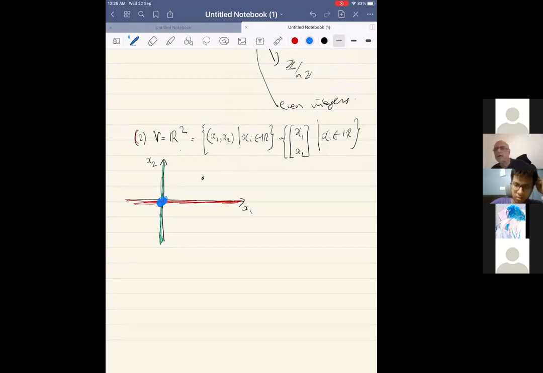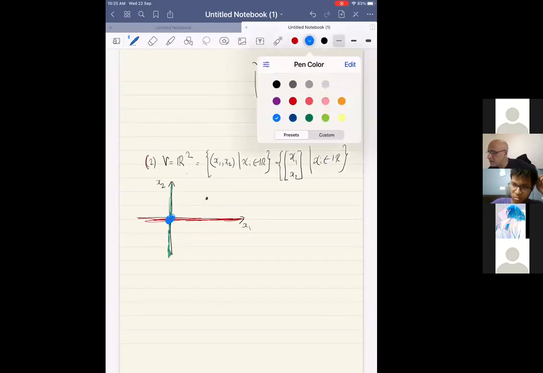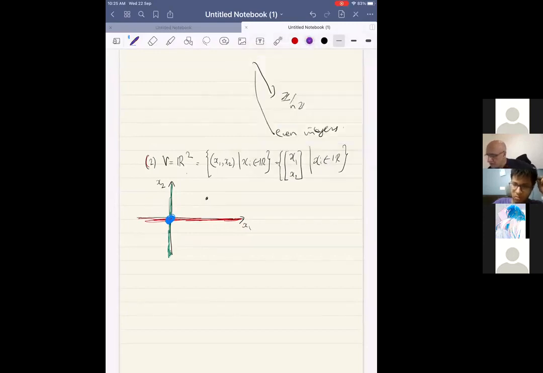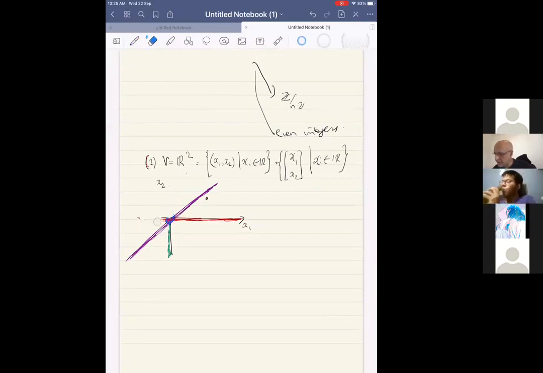Who said that? Rohan. Okay, so now there is a new construction: take any line through the origin. Of course, the red line and the blue line are examples of lines through the origin.